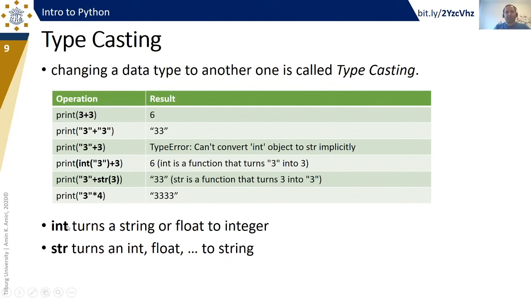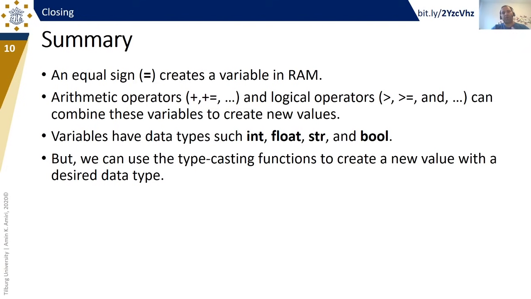So the int function can do typecasting by turning a string or a float to an integer. But the str function can turn an integer, float, or anything else to a string. We also have the float function that turns a string or integer to a float. So in summary, we learned that an equal sign with a new variable creates a new variable in RAM.